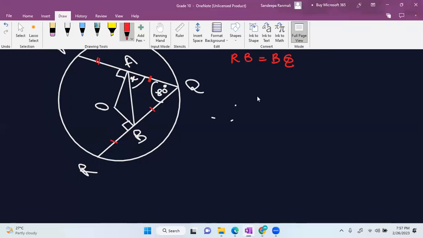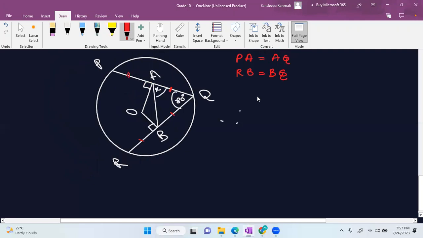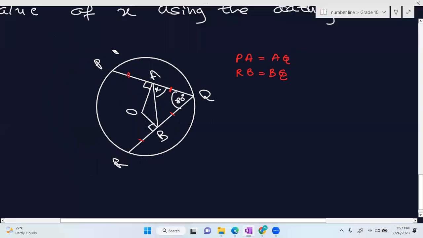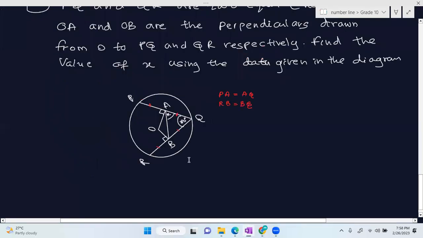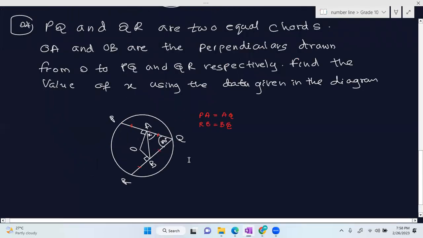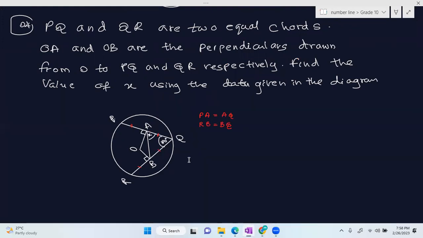Then find the value of x using the given information. In addition to this information, you will have to use the result, PA equals AQ and RB equals BQ. And there is another thing given in the question to use. Read it and try to find an answer by yourselves.